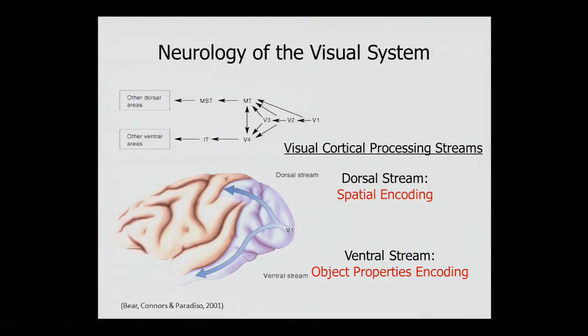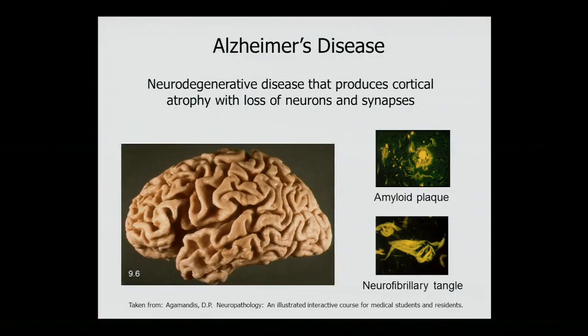The dorsal stream, going from occipital cortex into parietal cortex regions, is involved largely in spatial encoding, and the ventral stream, from occipital cortex into temporal lobe cortex, is involved with encoding properties of objects. Again, that's very simplistic, but good for this purpose.